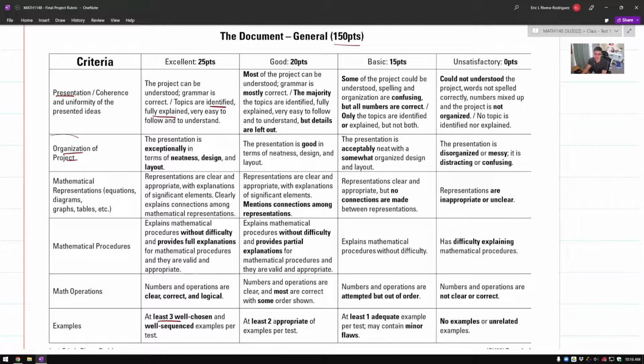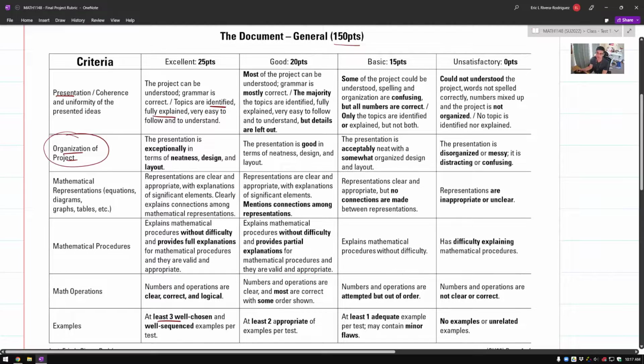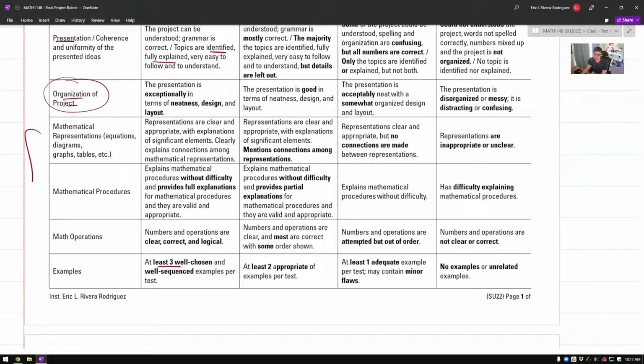So this organization is more about how friendly your project is, how nice it looks, and how anyone can read your project and understand it easily. The presentation is exceptional in terms of neatness, design, and layout.